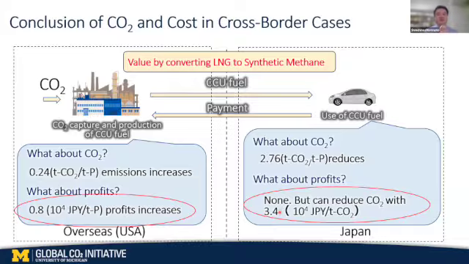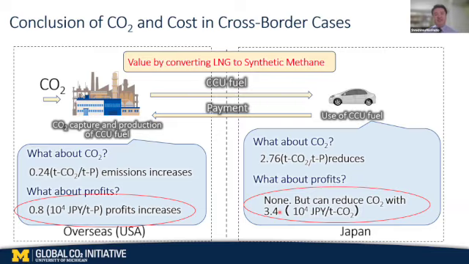So in conclusion, when we talk about how to conduct LCA and TEA, if the CCU product will be transported across the border, we have to see both how much CO2 will be reduced in the US and Japan, and what the profit is for the US and Japan.